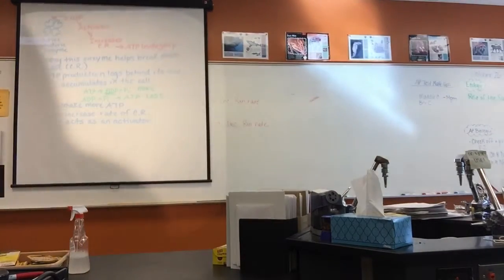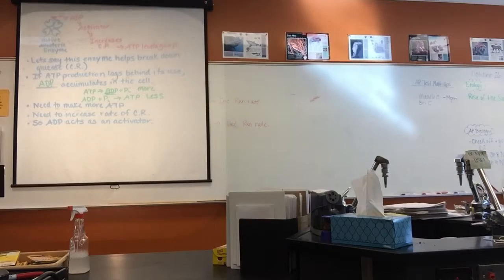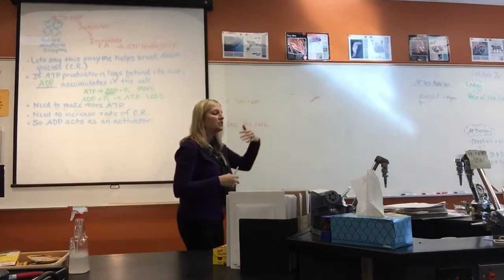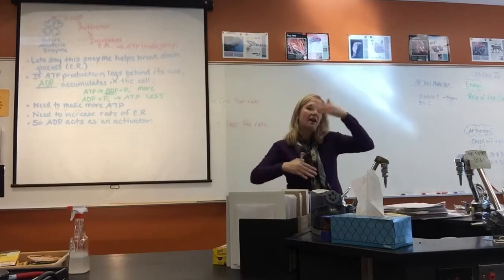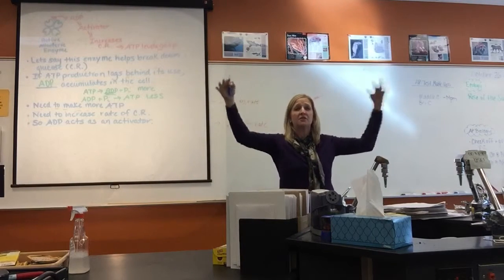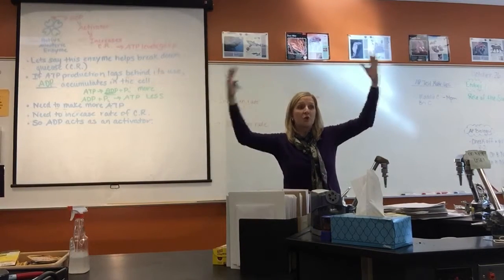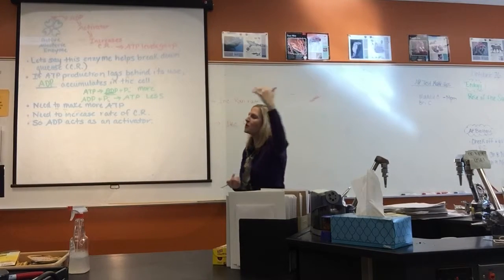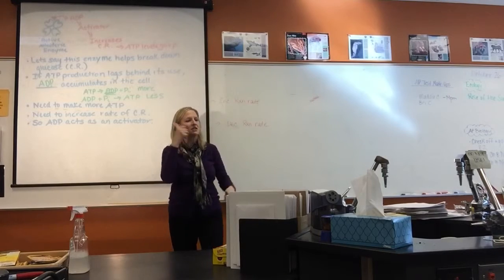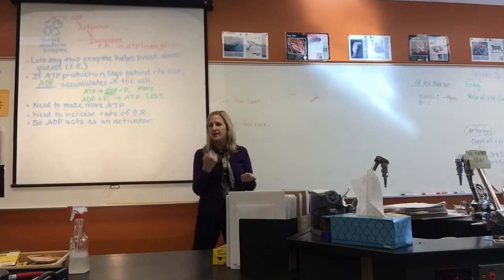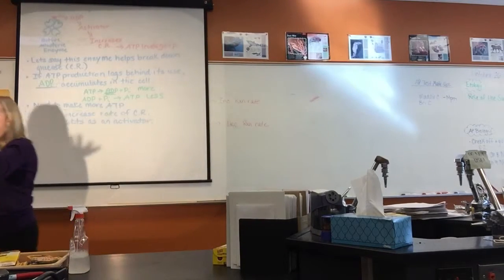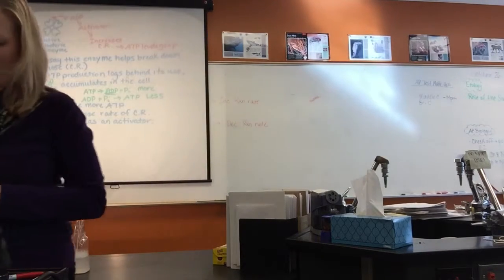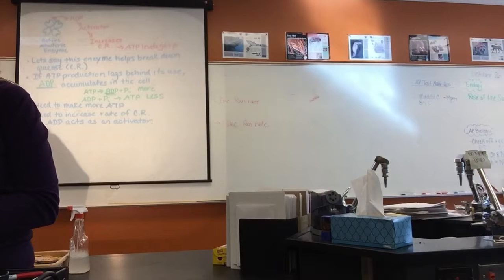You may have now a bunch of ATP, so your cell is making a bunch of ATP. Do you think it can become a point where, as it's making ATP and ATP starts to accumulate, that there's more ATP than you need? Yeah, that could happen too. And so as the cell starts to make ATP and it's being used, if it's being made more than it's being used, ATP can start to accumulate.